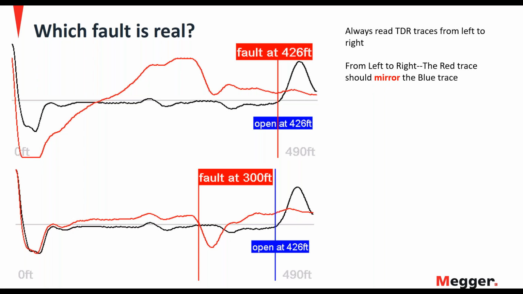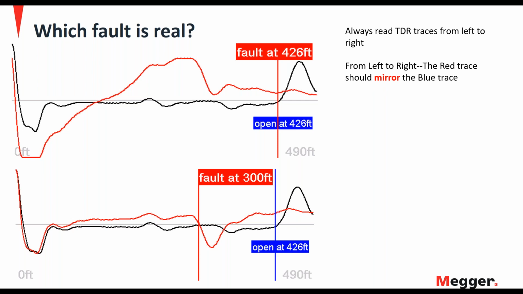But if we look at the top picture, you can see how the red trace does not mirror the black/blue trace. But if we look at the bottom trace, it does mirror. Now, the red trace is pulled away a bit from the blue trace, but it does mirror it.